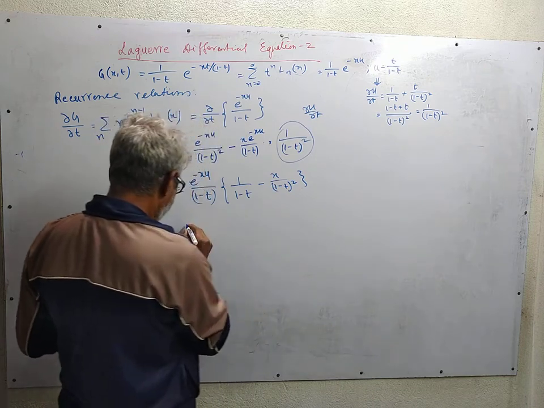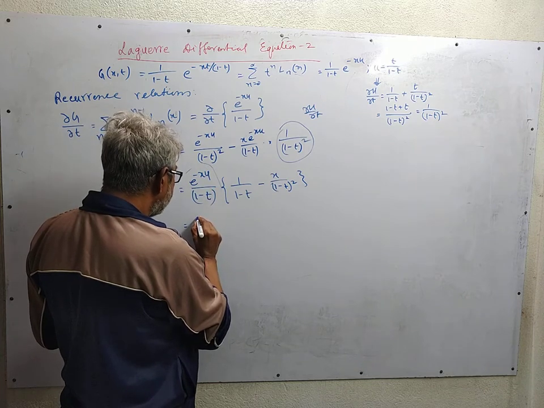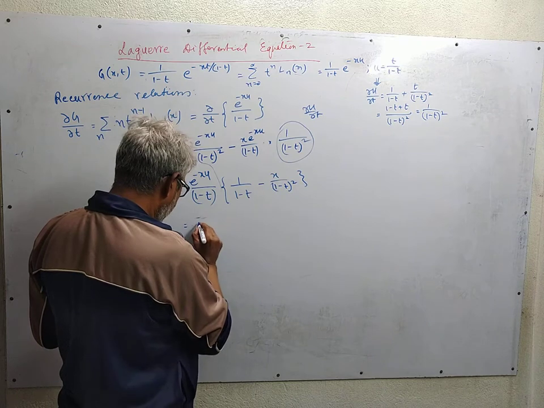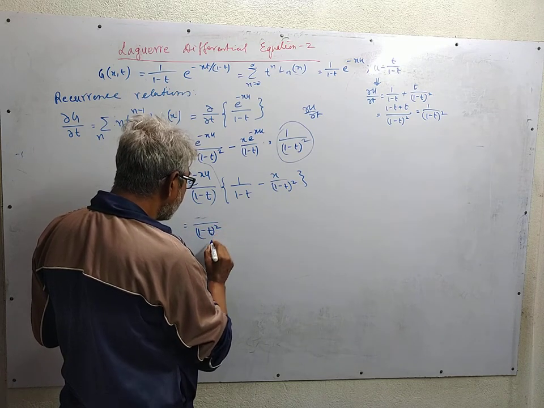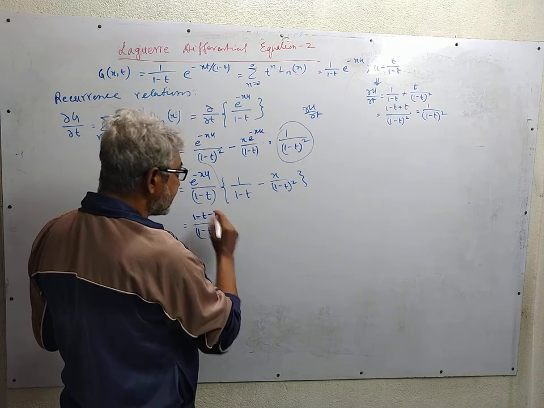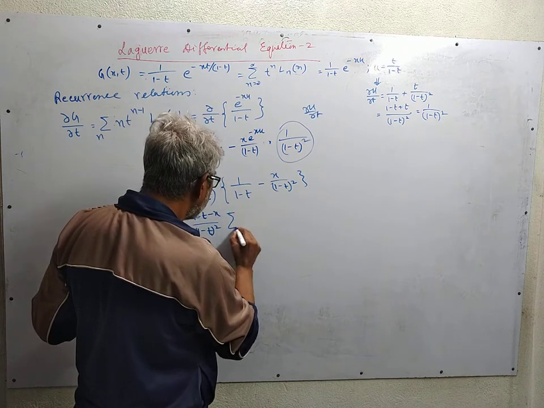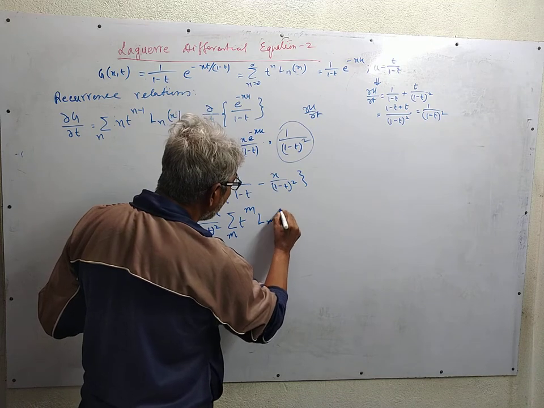So this becomes, let me first write this part. This is 1 minus t whole square, and then 1 minus t minus x, this part, and for this part we write summation over n t to the power n Ln of x.